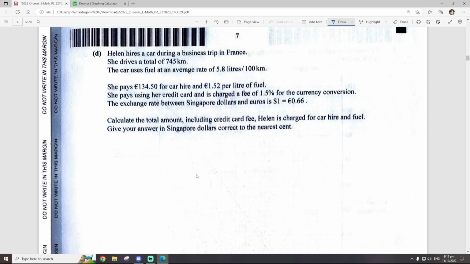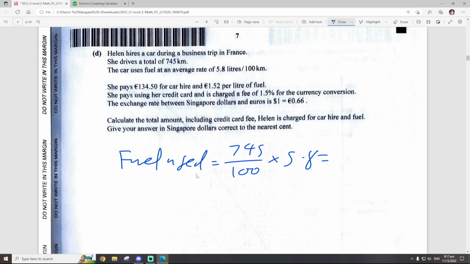Okay. So for this, I think the first thing we should do is calculate the fuel used. It will be 745 divided by 100 times 5.8, which is 43.21 liters.